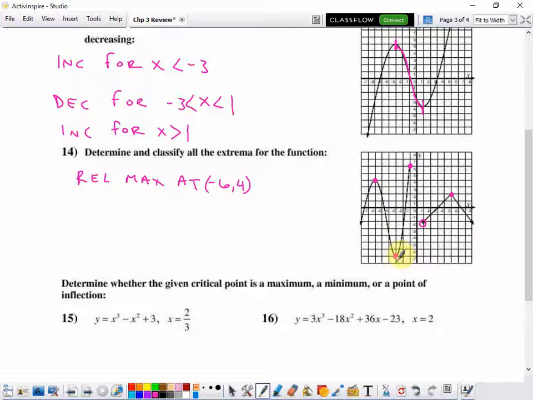Continuing from left to right, here's the lowest point that you'll see on the graph, except those arrows tell me it continues to go lower on both sides. So that's not the absolute minimum because those arrows say it goes down farther. So that's a relative minimum. And its coordinates are -3, -7.